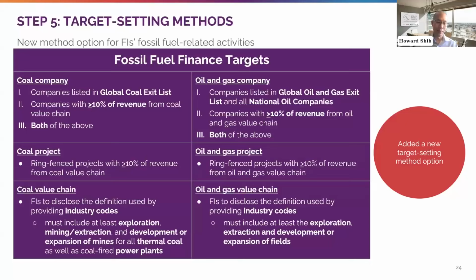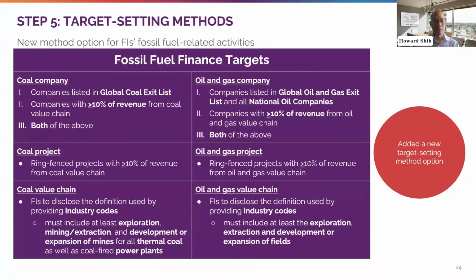And that's a list that's compiled by Urgewald, the NGO, and or companies with 10% or more of revenue from the coal value chain. And then similarly for oil and gas companies, FIs will need to define that as companies listed in the global oil and gas exit list. That again is compiled by Urgewald. And all national oil companies and or companies with 10% or more of revenue from the oil and gas value chain.